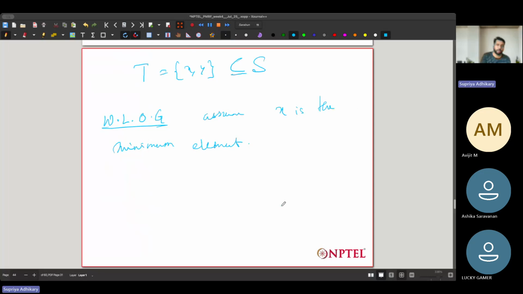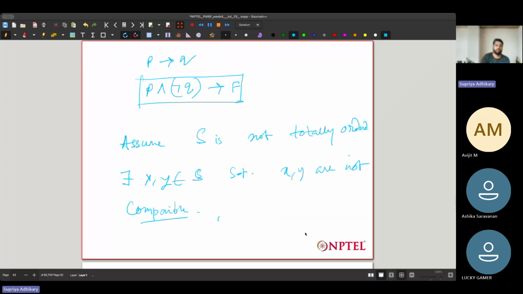So if X is the minimum element, then what can we say about X? According to our definition, X is in T, which is true, and X is less than or equal to any t for all t in T. Since Y belongs to T, we must say that X is less than or equal to Y. This is true, but this cannot be true because according to our assumption, there exist X and Y which are not comparable.